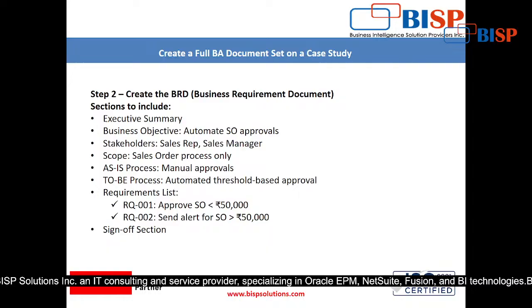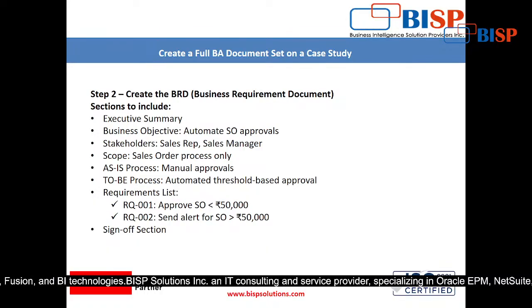Then second is the business objective. Business objective means exactly what they want, right? Automate sales order approval. These are the key points I have written. First the executive summary, then the company, then the business objective, automate sales approvals.